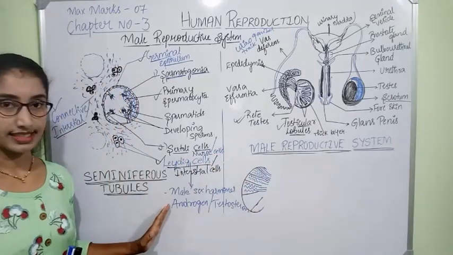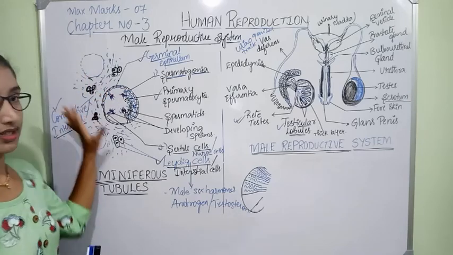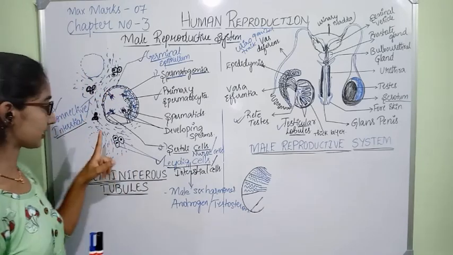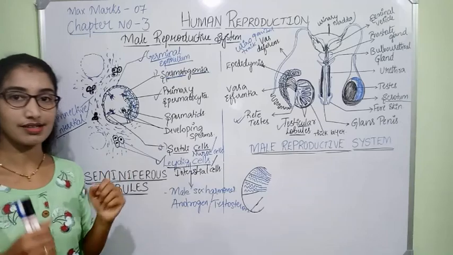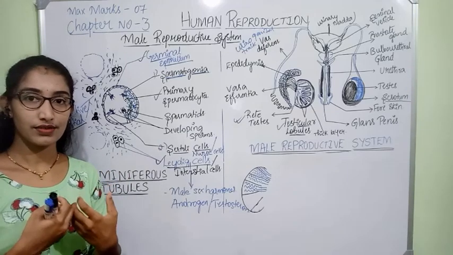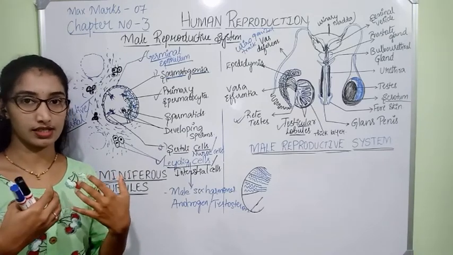Here we have taken the section and they are scattered. The seminiferous tubules are scattered in the connective tissue, which holds them and gives connection, fixing them with each other.